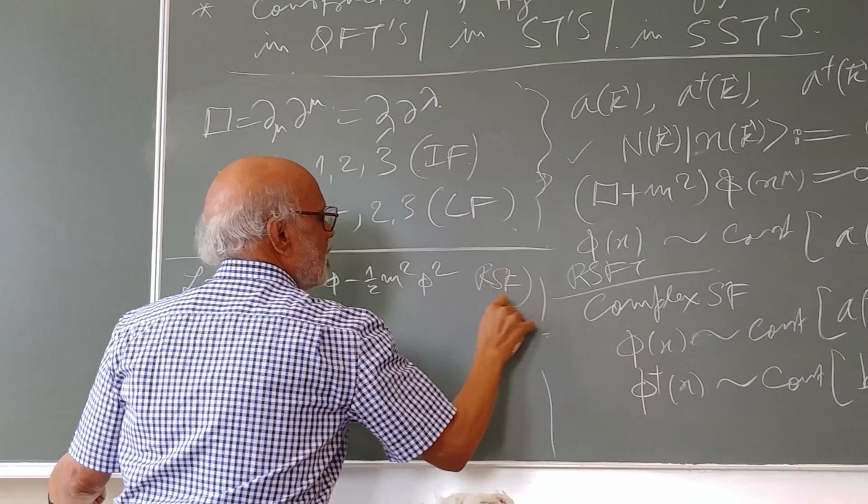The only difference is when I talk about the Dirac spinor field. You know the Dirac spinor field describes Fermi particles, and therefore at the classical level the field psi has to be a fermionic variable.